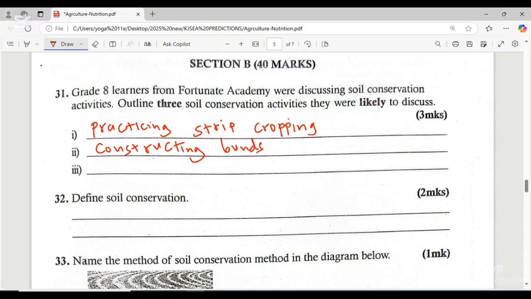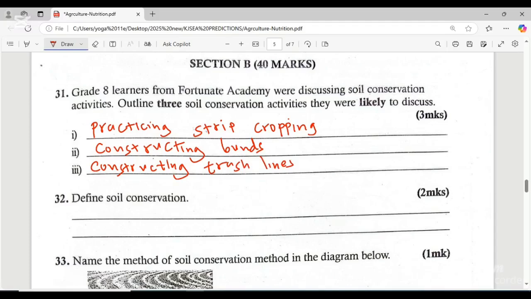Another activity is constructing trash lines. They can also construct grassed waterways.